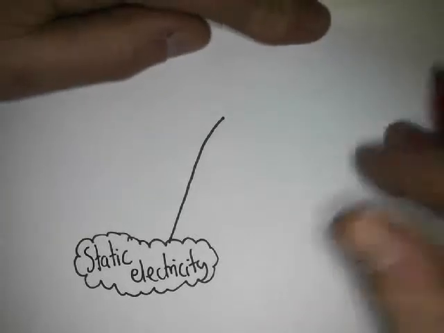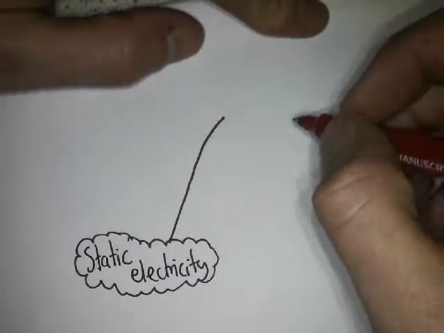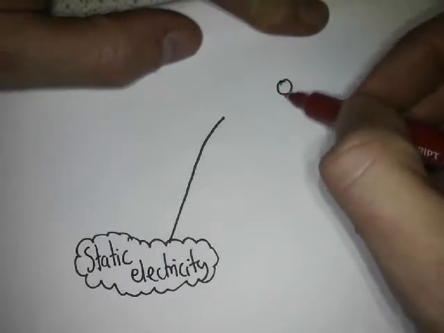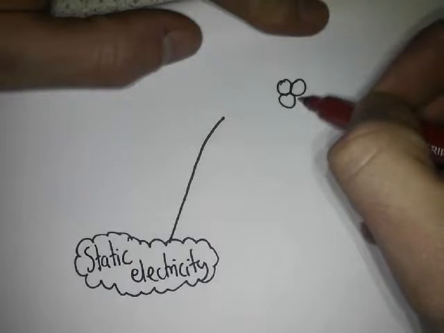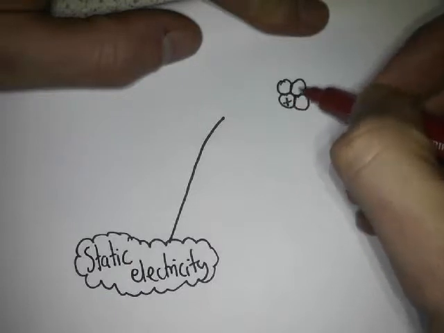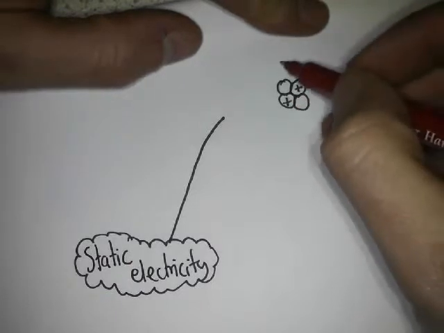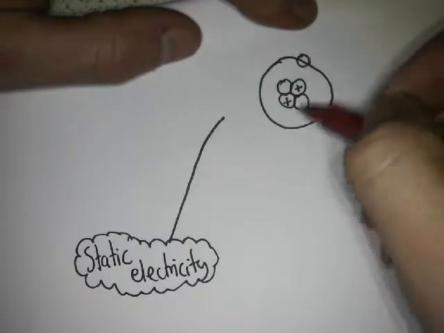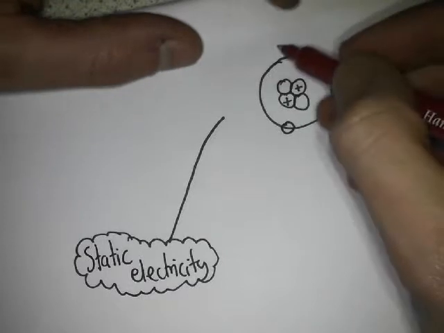So we have got this atom. If we break things down to its smallest unit, you will end up with an atom. And in the atom, I'm just going to draw a very simple atom. You've got things that live in the nucleus and things that live outside the nucleus.